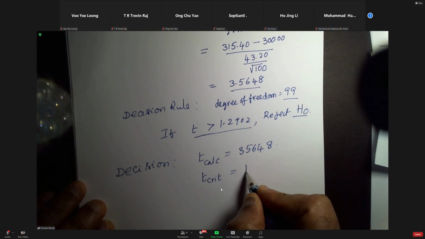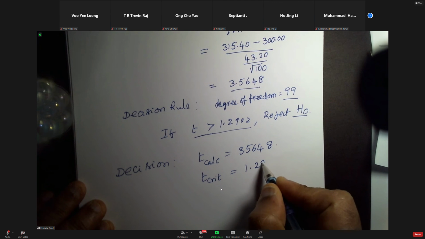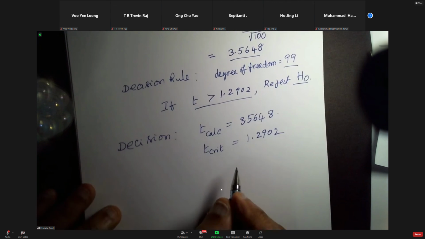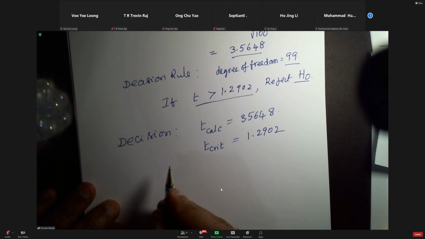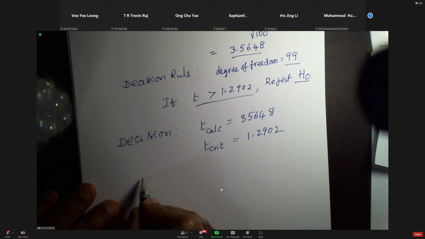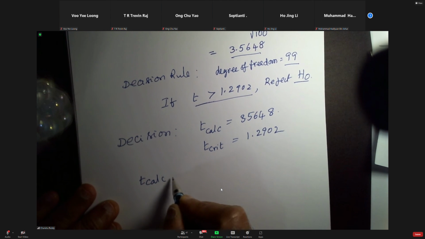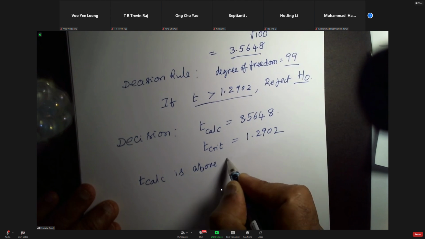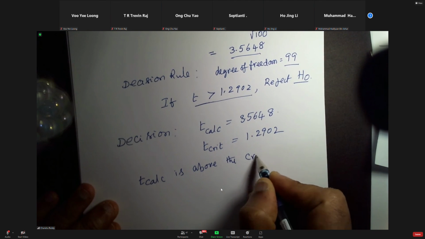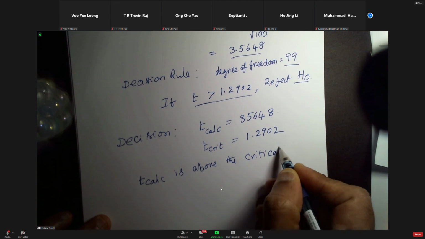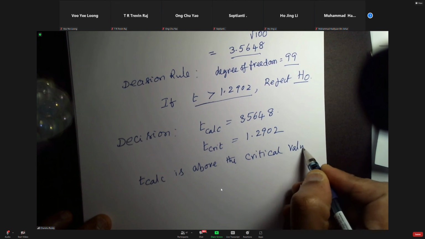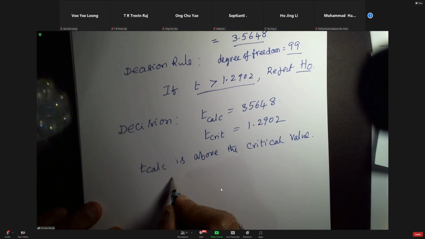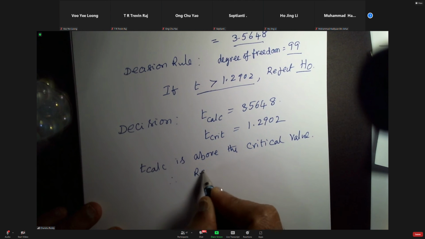So this is 1.2902. So the calculated value is above the critical value. So therefore, reject the null hypothesis.